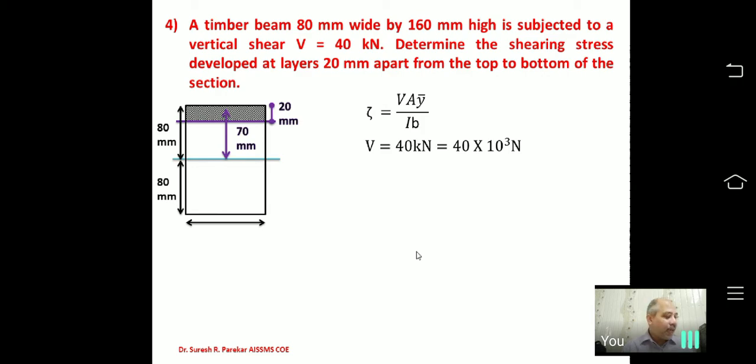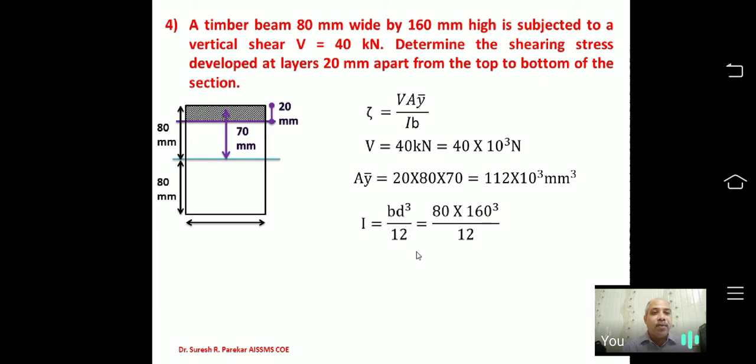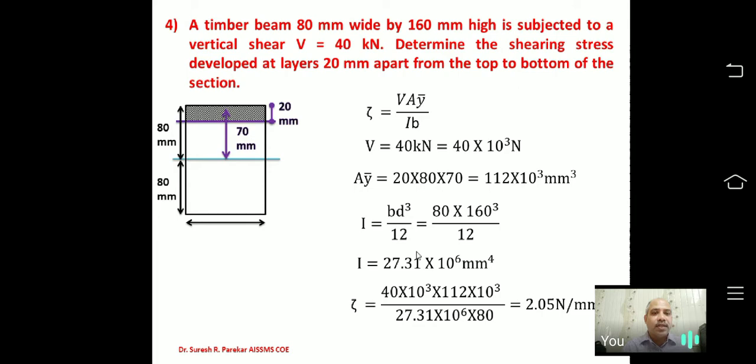And now if I find A y bar, 20 into 80 into 70 gives me A y bar, which will be 112 into 10 raised to 3 millimeter cube. And I we know is bd cube by 12, and that will give 27.31 into 10 raised to 6.